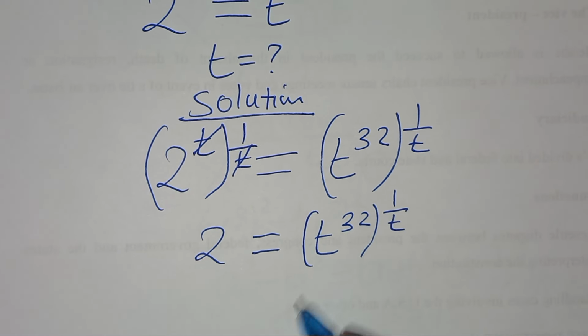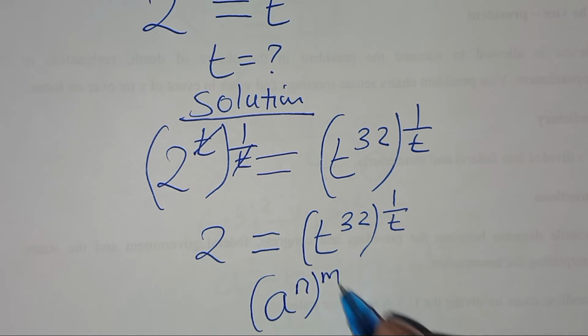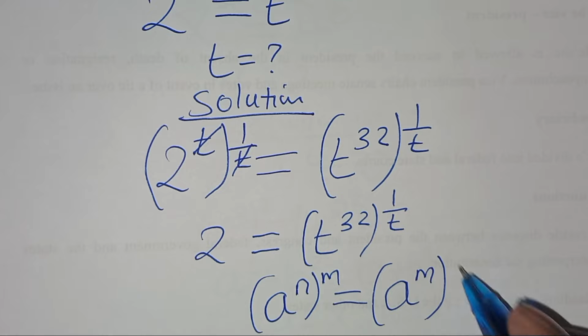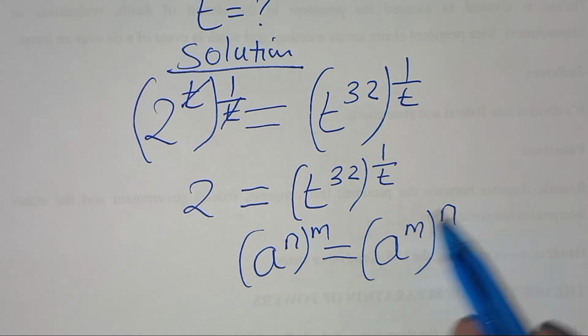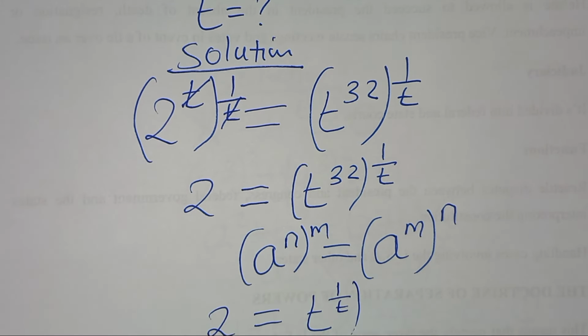Now, given the exponent property that a to power n raised to power m can also be expressed as a to power m raised to power n, this is simply the interchange of the powers, so that now we'll have 2 equal to t to power 1 over t raised to power 32.